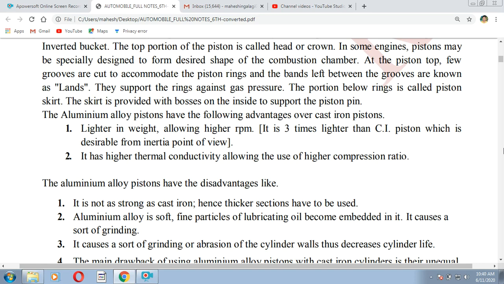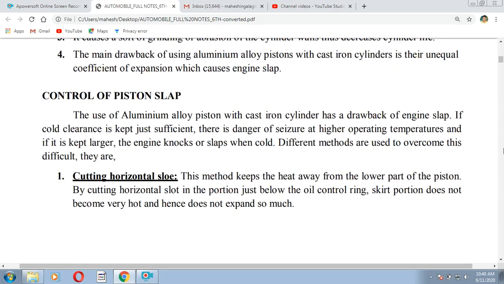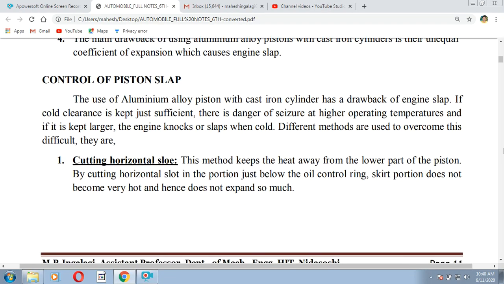Lighter weight, allowing higher RPM. If the piston is made with aluminum alloy, it will have less weight, and has higher thermal conductivity. The thermal conductivity of aluminum is higher than cast iron, so it gives better thermal conductivity for higher compression ratio. So likewise we have two types of metals which are used here.